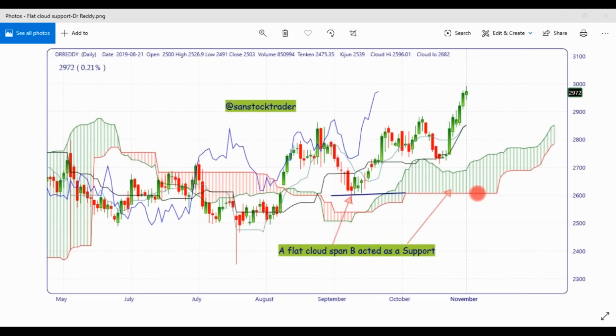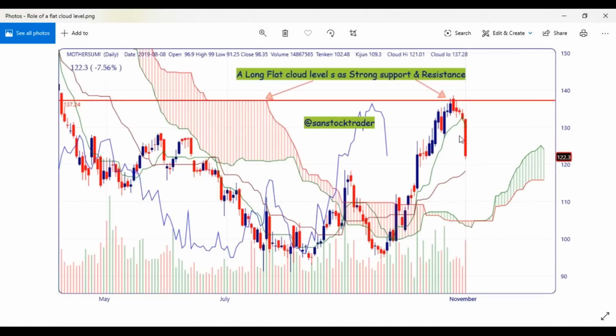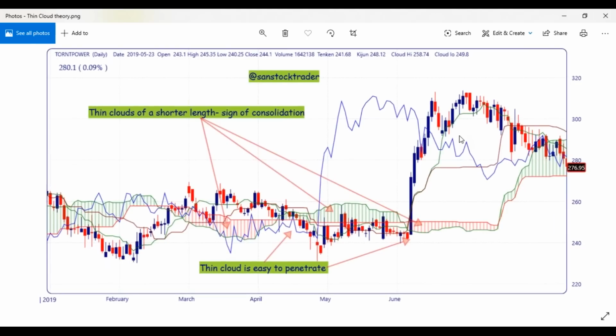It is nothing but the 50% Fibonacci level of the last 52 candles, because this bottom portion is the Span B. So it acts as a support and it nicely worked out in this chart. One more example that we already discussed.